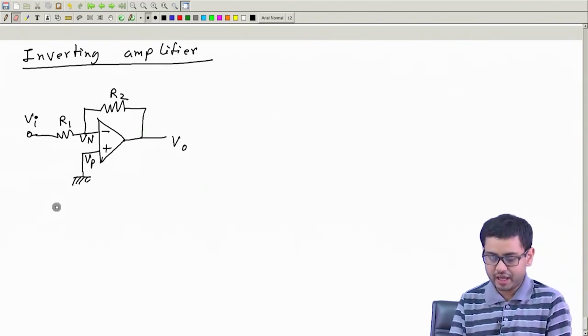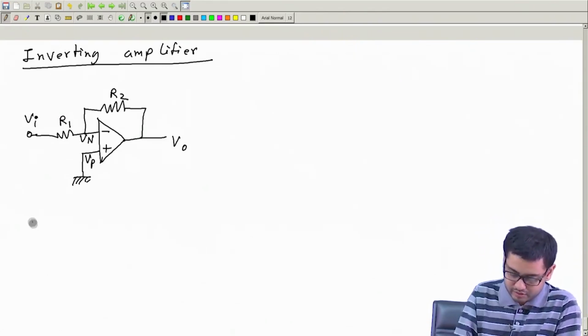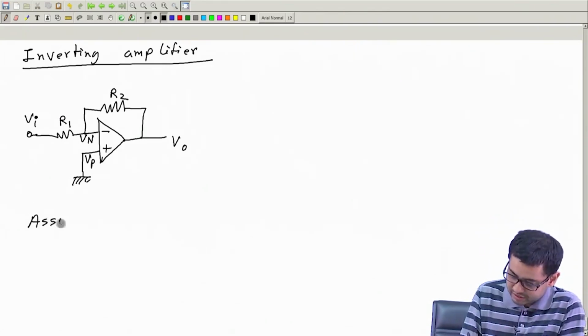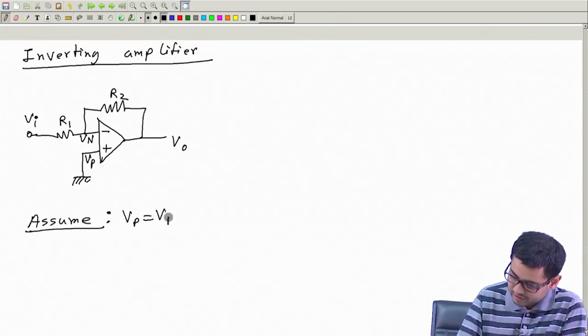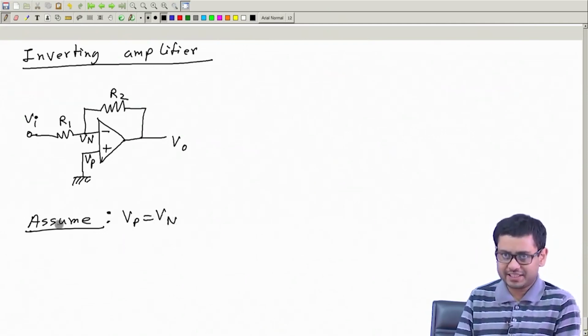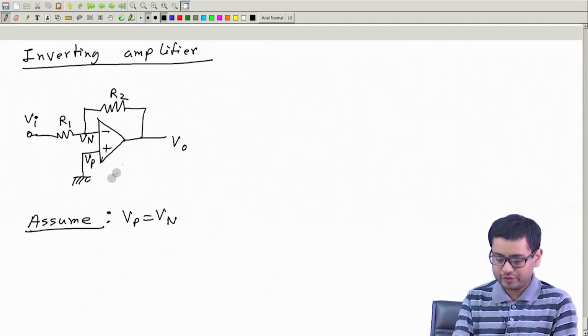This is inverting amplifier. Now you can make the assumption that Vp equal to Vn. This is actually not an assumption. I mean, we know that for this circuit this will be the case.